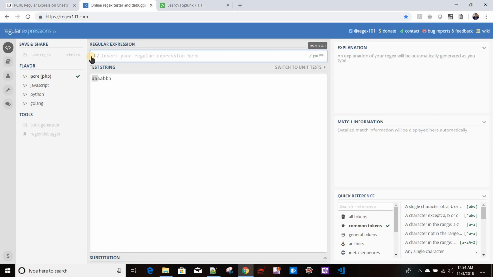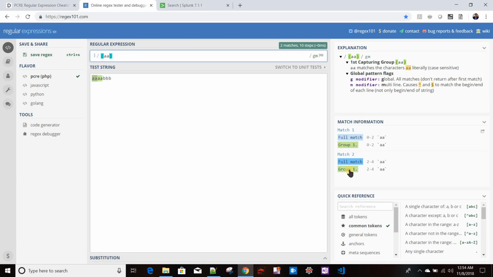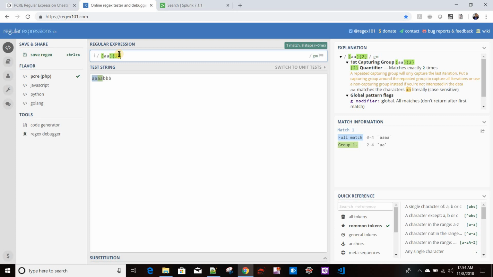Let's say I want to match this AA as a group. Now it is basically creating two matches with this group AA, but my intention is to get this AAAA fully. So what I'll do is, I will give this one.